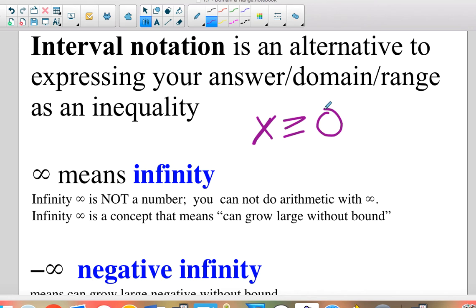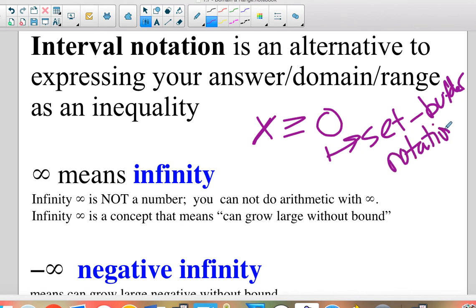That is what we called set builder notation. Those symbols like that, that's called set builder notation. I may ask you that from time to time, but for the most part, we're going to be using interval notation only. It's really what you use in pre-calculus and calculus too.